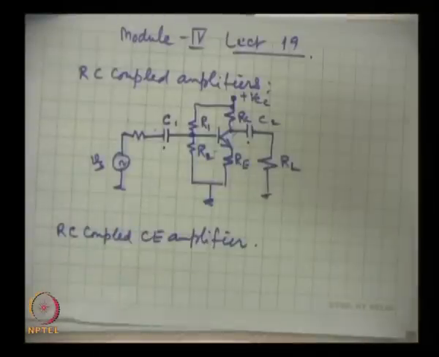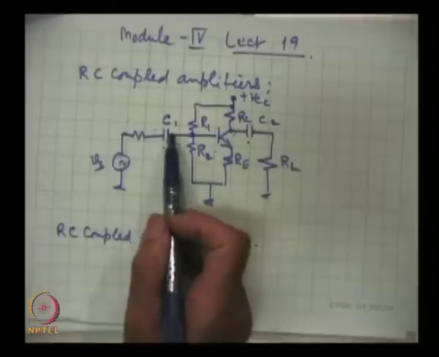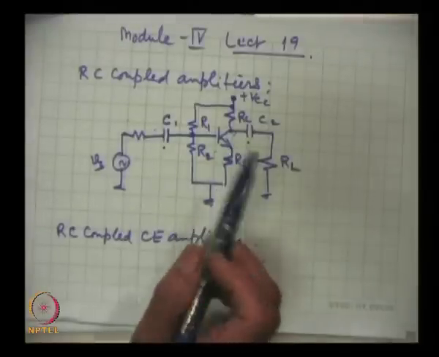So this is the coupling capacitor, and it is doing two functions. We are concerned here with only one function. The other function is blocking DC, and the primary objective here is coupling, that is, how effectively it couples.